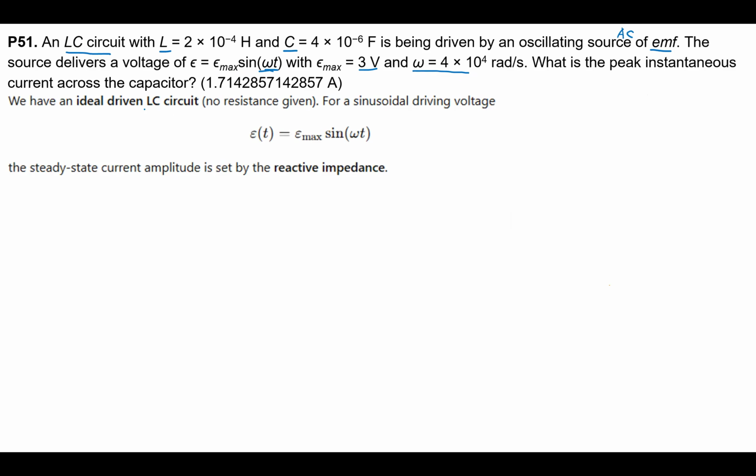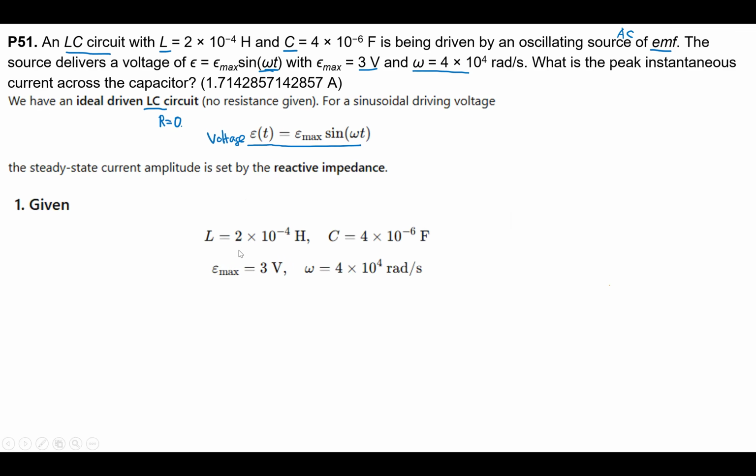In this case, note that R is 0. We have this EMF, which is the voltage. And then the current amplitude is set by the reactive impedance, such that we have an L and C, and we have a capacitive reactance and an inductive reactance, caused by the inductor and capacitance.